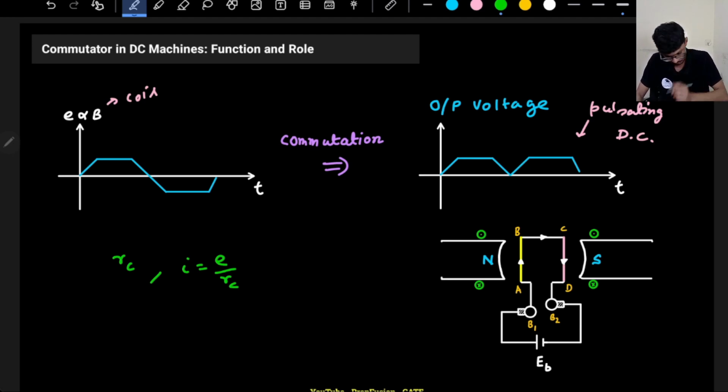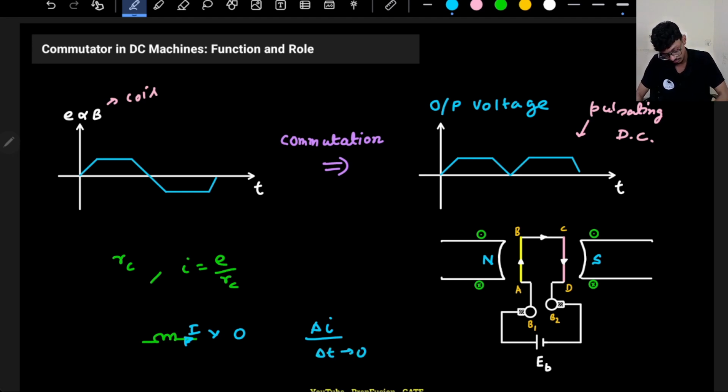Now, if I change at this point, there is some current, and this is a coil, an inductor, with some current I. When I'm changing from brush B1 to B2, there is an air gap, so suddenly the I changes to 0.